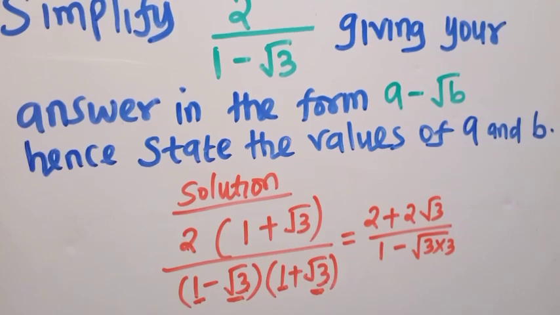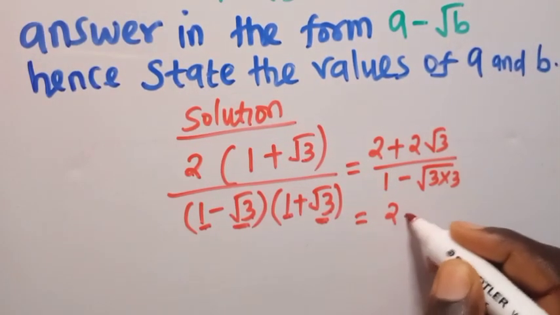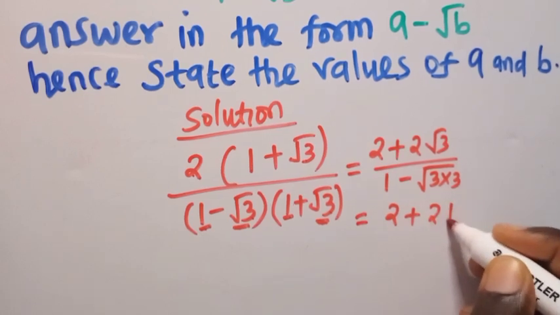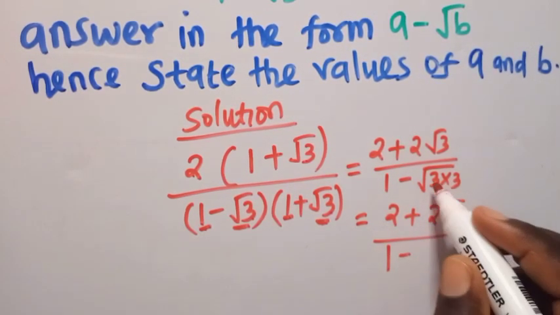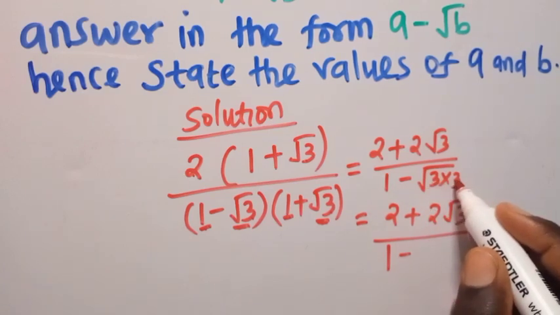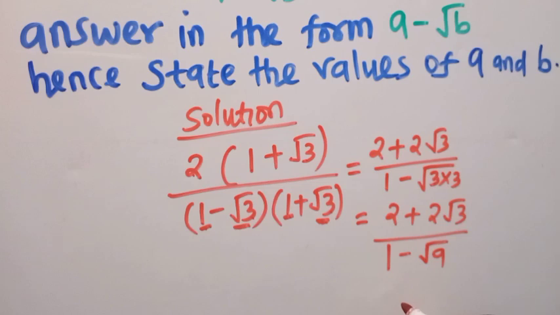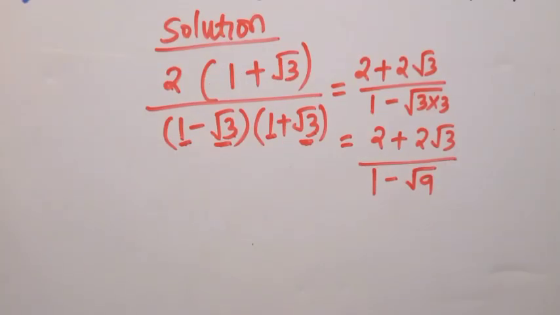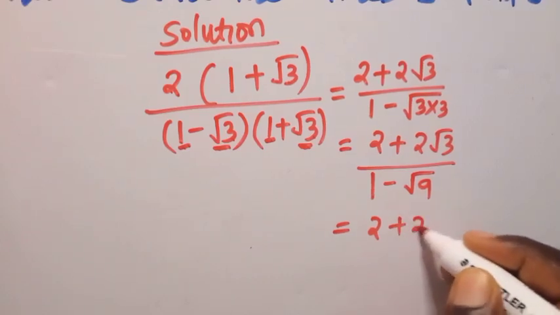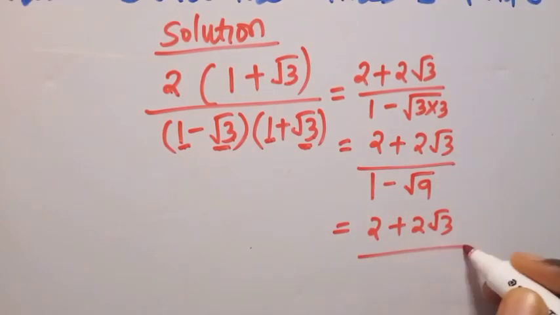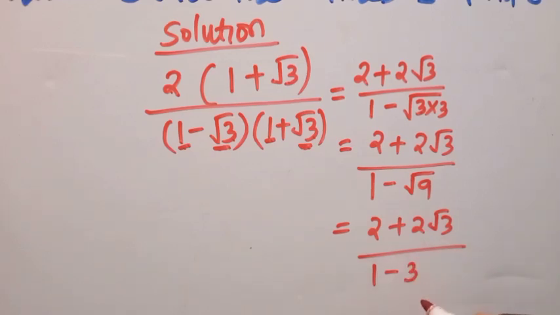Therefore, we shall have 2 plus 2 root 3 all over 1 minus the square root of 3 times 3, which is the square root of 9. Then from there, we shall have 2 plus 2 root 3 all over 1 minus the square root of 9, which is 3.